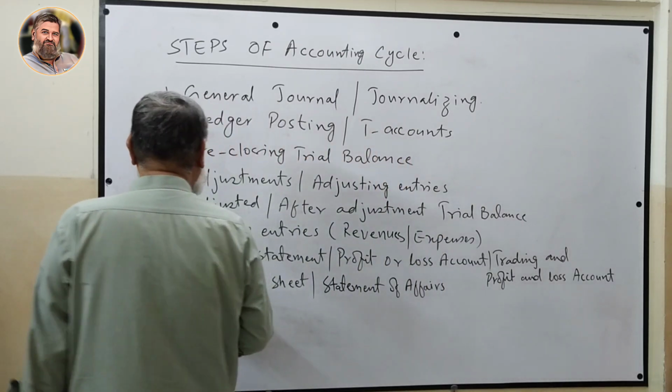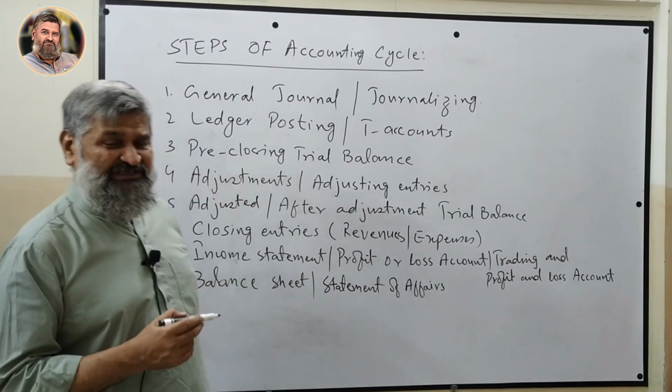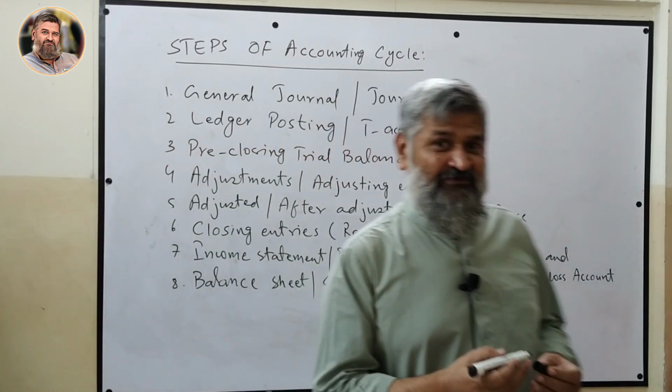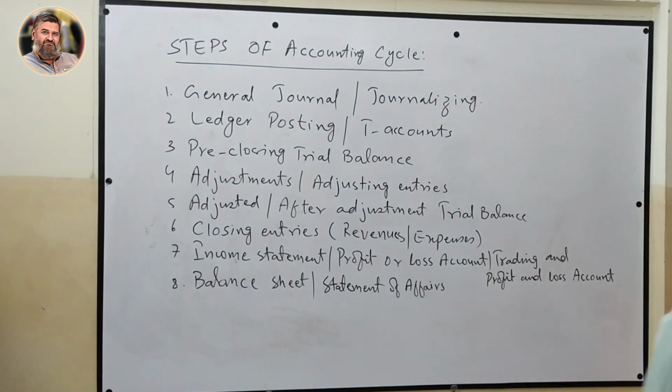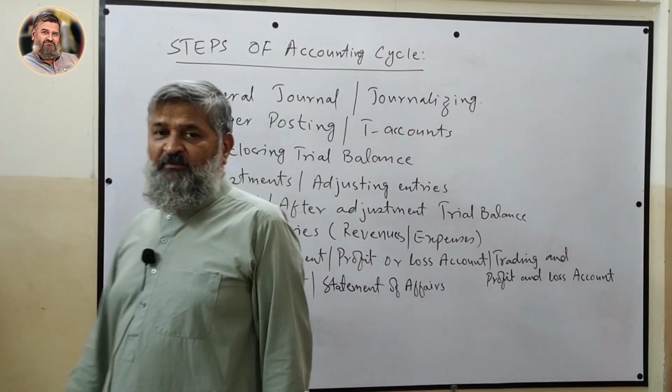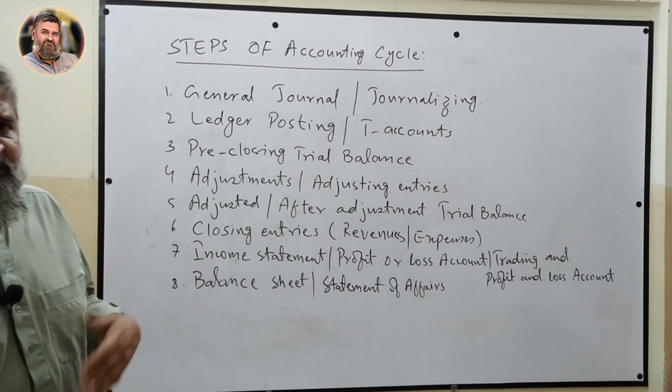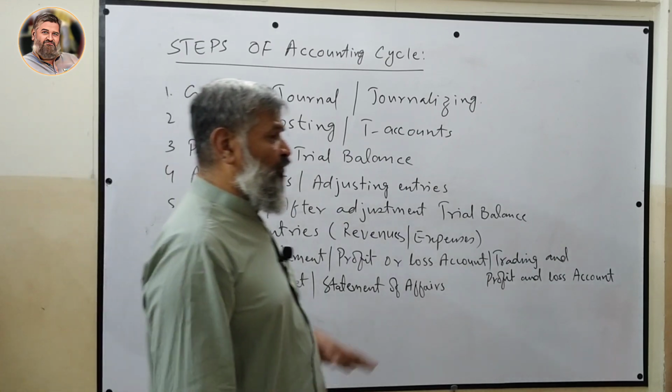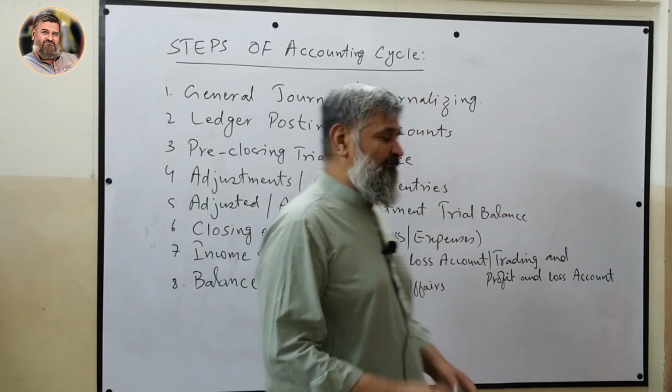And the balance sheet tells us about the financial position of the business, at which level the business is present. Therefore, by the balance sheet, we get the correct position of the business, how many assets we have, how many liabilities we have, and what the current position of the business is.